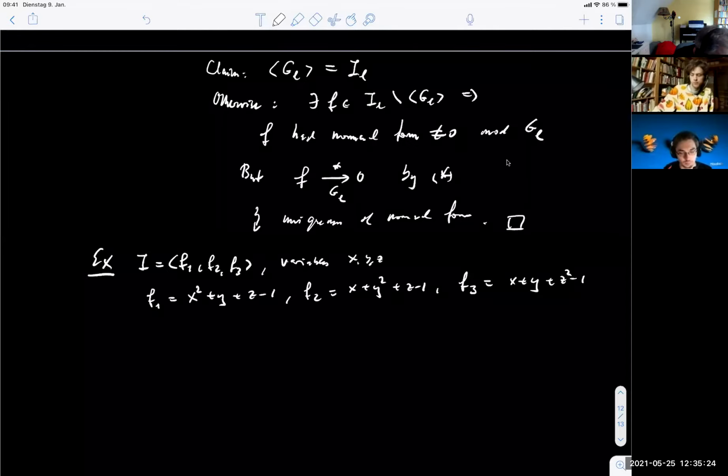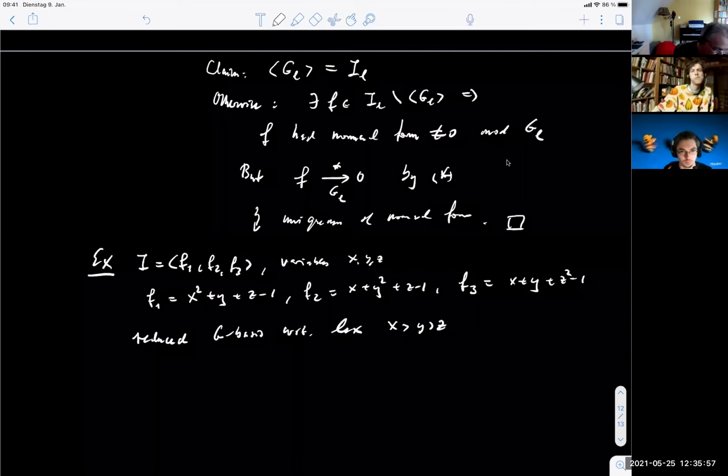So what would you expect? Typically one would expect a finite number of solutions. And the Gröbner basis allows us to compute it. So with the help of the computer, I compute the reduced Gröbner basis, which is unique, with respect to the lexicographic ordering, x greater than y greater than z.